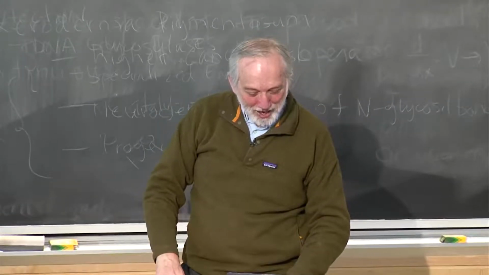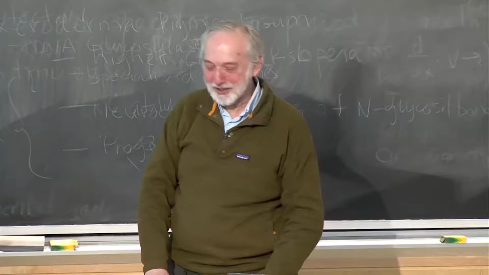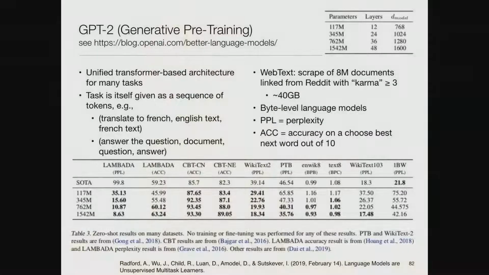Okay. The last thing I want to tell you about is GPT-2. This is from the OpenAI Institute, which is one of these philanthropically funded research institutes to advance AI, I think this one by Elon Musk. And what they said is, well, this is all cool, but they were not using BERT.